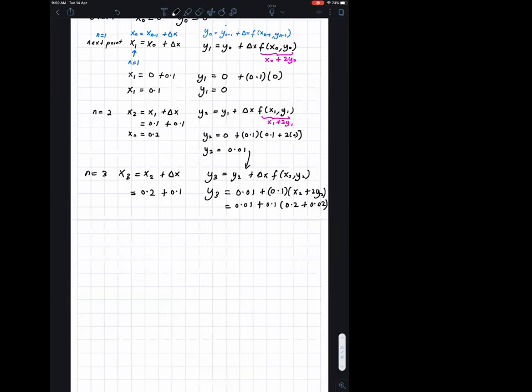Okay, now let's calculate this. So Y3 is going to be 0.01 plus 0.1 times what's inside the parentheses, which is 0.22.